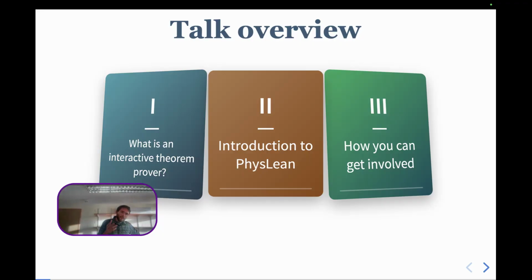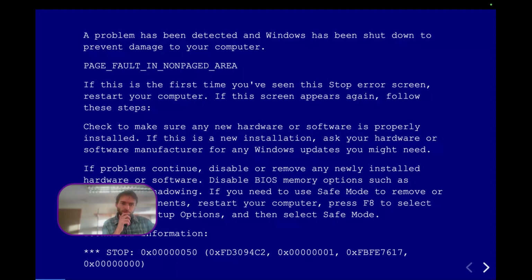But on this specific day, a lot of people were opening up their computer and things weren't particularly fine. In fact, they were seeing what looked like this. This is called the blue screen of death. It happens on Microsoft computers when something catastrophic goes wrong.